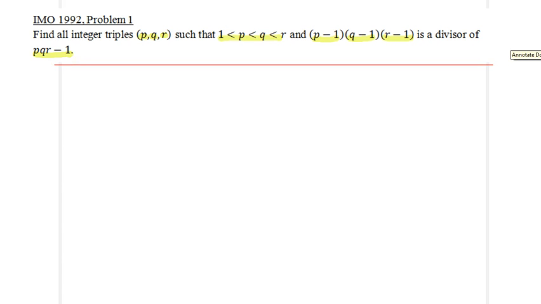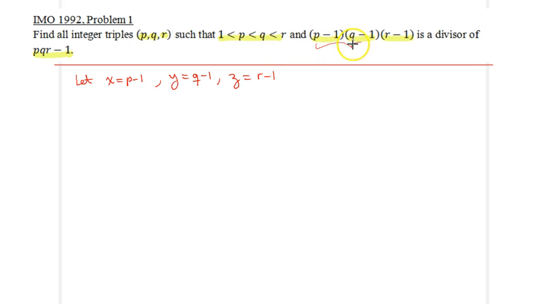So let's go ahead and start with a change of variable here, and let's make the following substitutions. Let's call p minus 1 as x, q minus 1 as y, and r minus 1 as z.